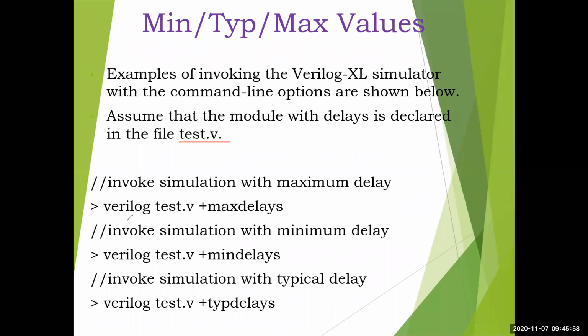If you invoke verilog test.v plus maxdelays, max delays will be inserted. If you use plus mindelays, minimum delays will be invoked, so the simulation runs with minimum delay. Similarly, invoke the simulation with typical delay using test.v plus typdelays. So this is about the gate delays in the circuit.